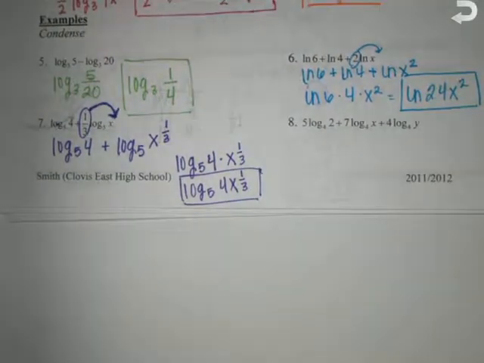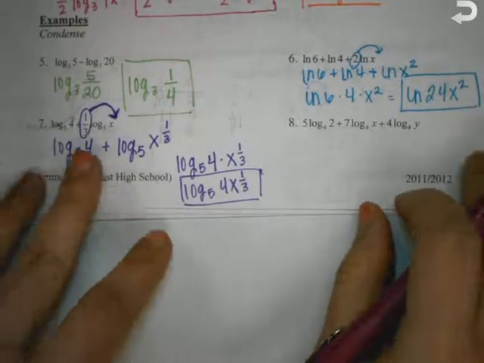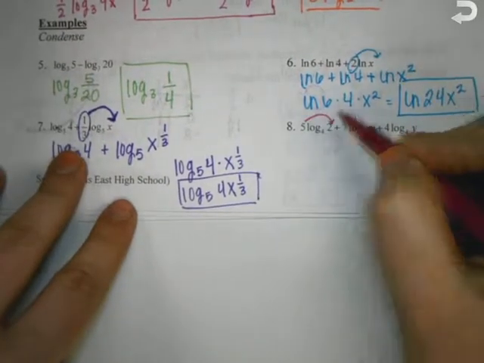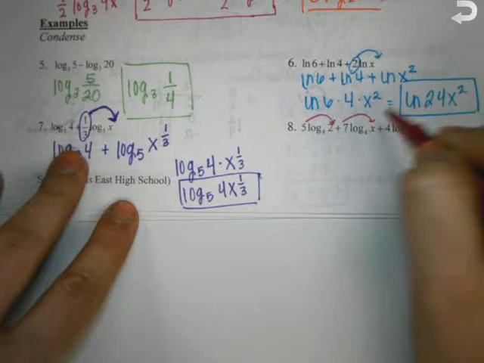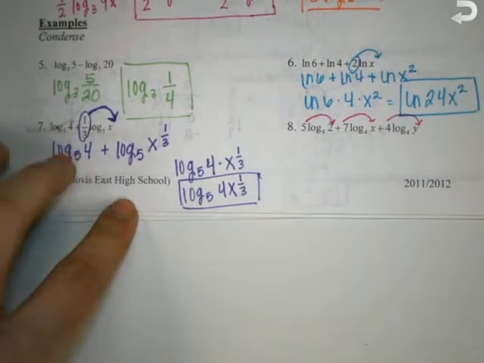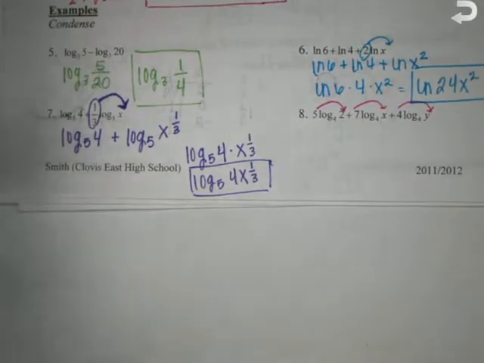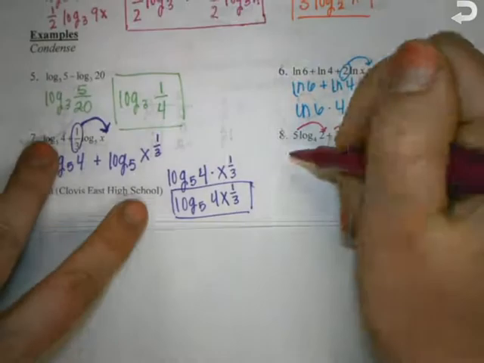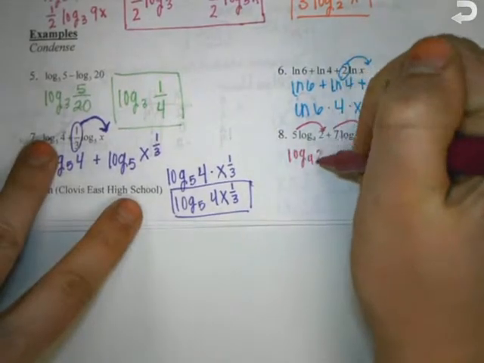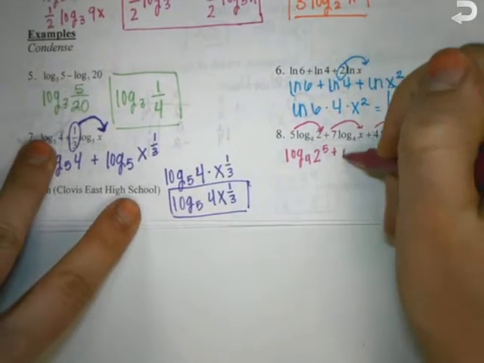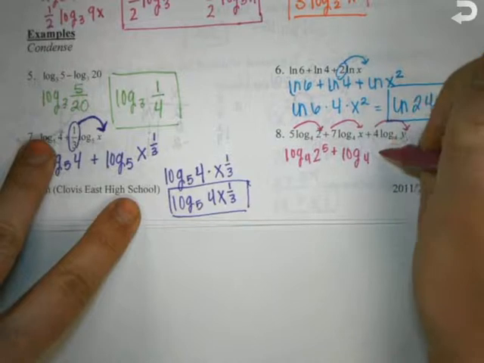What's the first rule I have to take care of? Power rule. I see 3 power rules. So this is going to be 5 going back in there, 7 going back in there, and 4 going back in there. So only taking care of the power rule first, what do I have? Log base 4 of 2 to the 5th power plus log base 4 of x to the 7th plus log base 4 of y to the 4th.